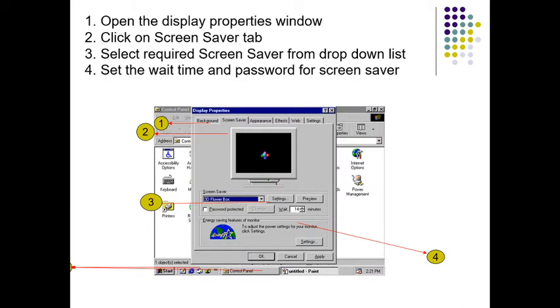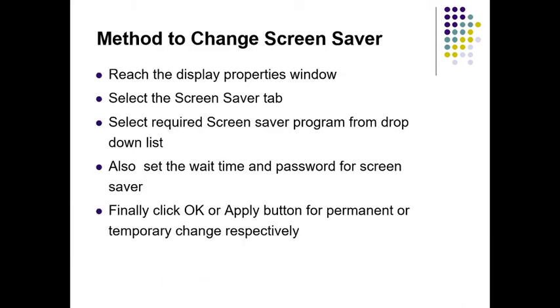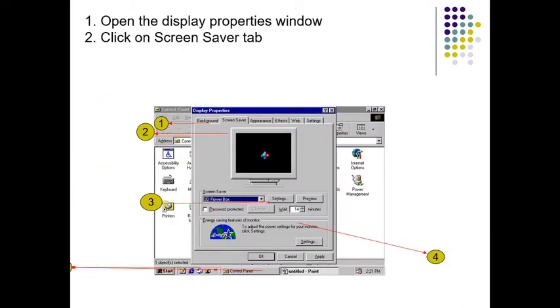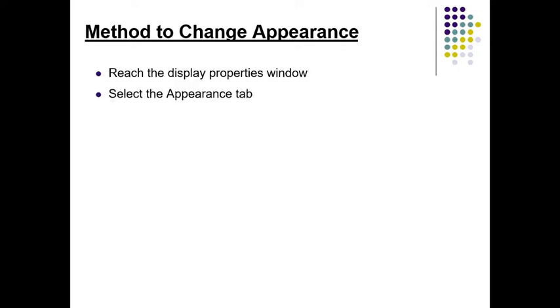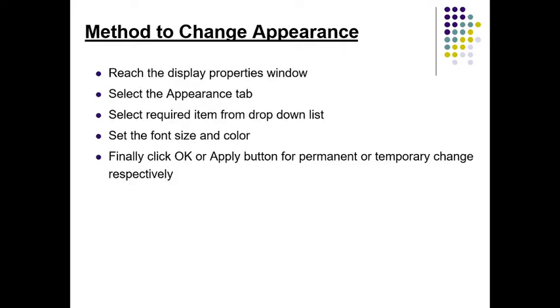So this is how we can change the screensaver of Windows. Then next, how to change appearance of Windows. Next method, desktop properties, method to change the appearance.